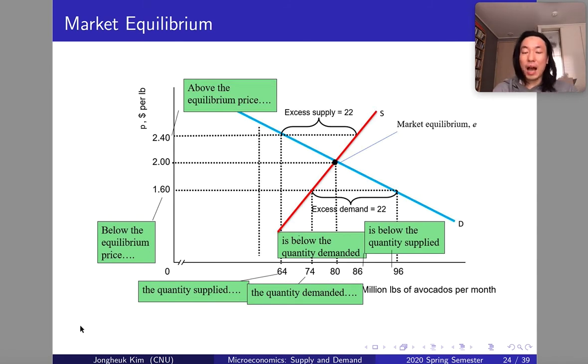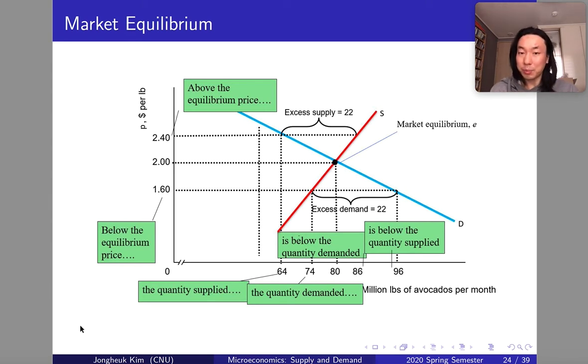So how do you find the equilibrium? It is easy, right? The supply curve slopes upward, and the demand curve slopes downward. So if we do a little math, you will reason that there is only one intersection point between the supply and demand curves.